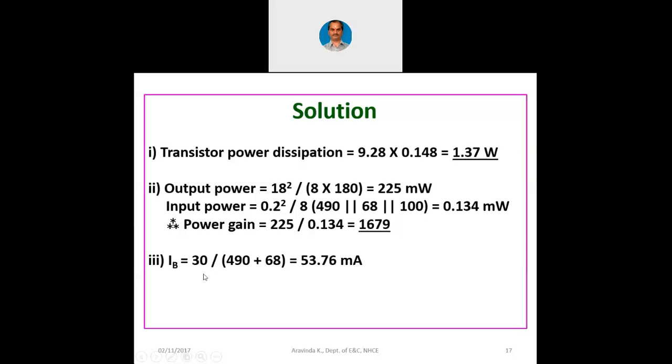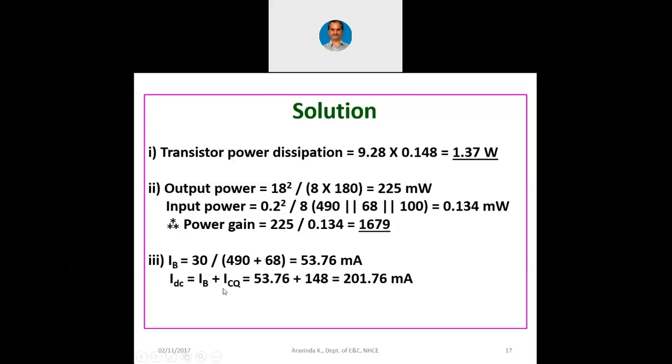Now IB, the base current, is 30 divided by 490 plus 68, that is 53.76 milliampere. Why are you considering IB again? Let us see now. This is total 30 volts and 490 plus 68, that is the current flowing through that resistive network, 53.76 milliampere. So for IDC, we have to consider this IB also now.